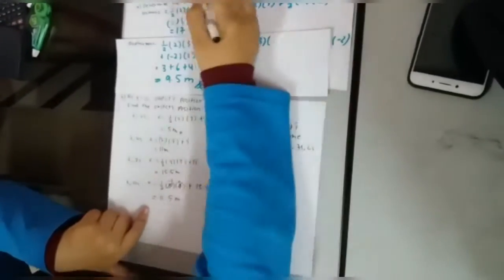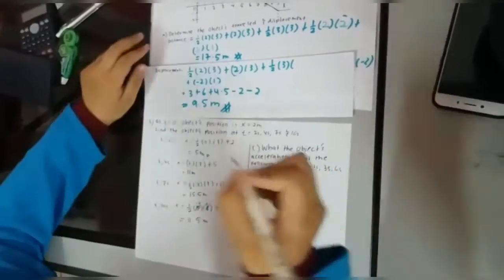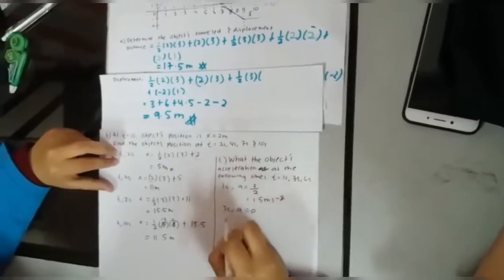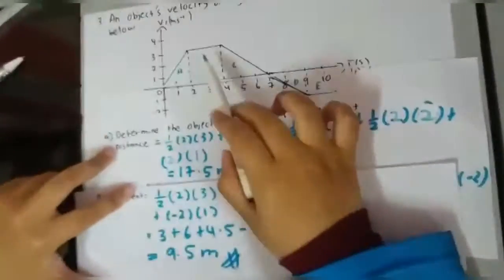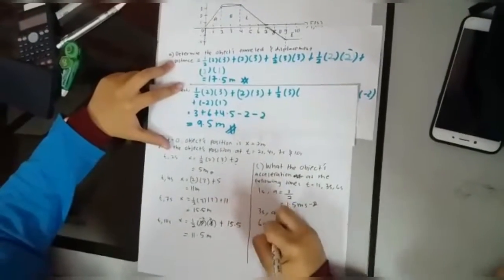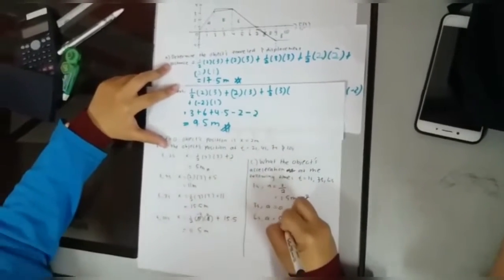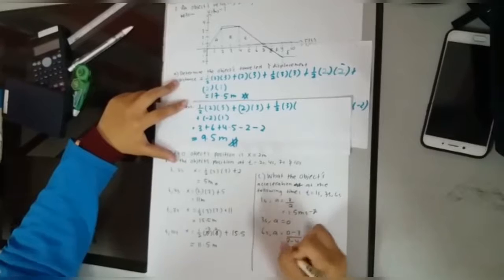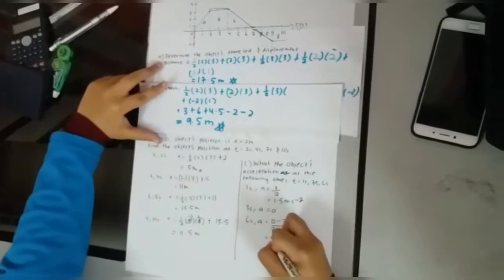For 3 seconds, the acceleration is 0. It is because the object is at rest. For 6 seconds, the acceleration is 0 minus 3 divided by 7 minus 4. And the answer that we will get is minus 1 meter per second squared.